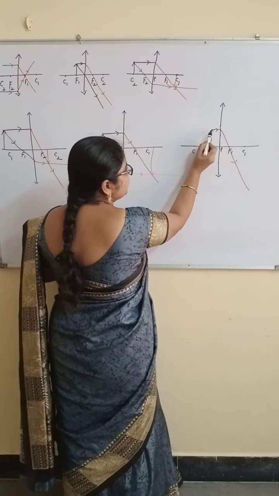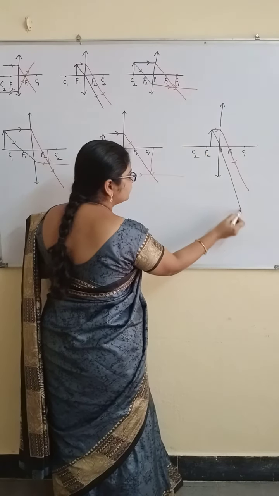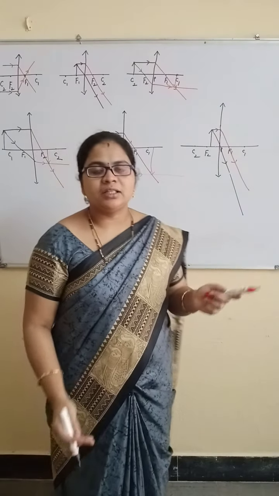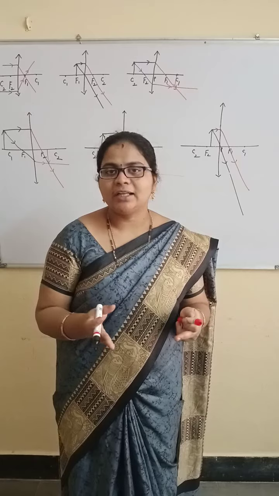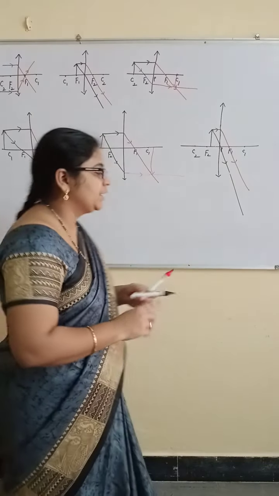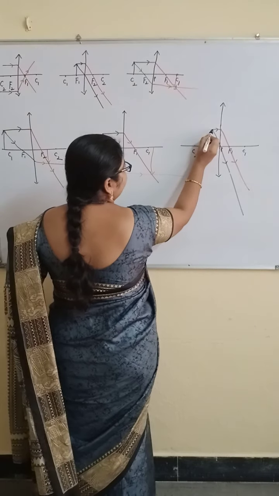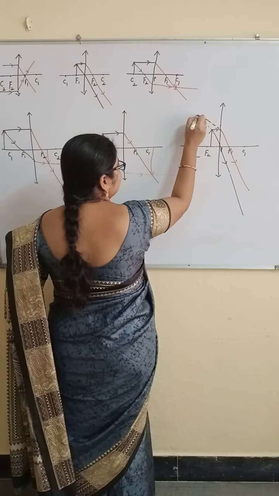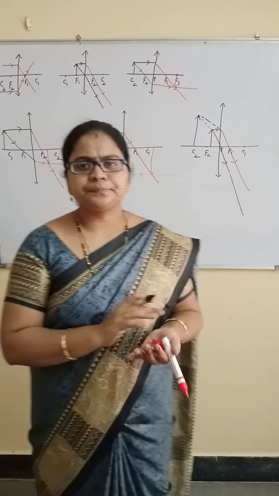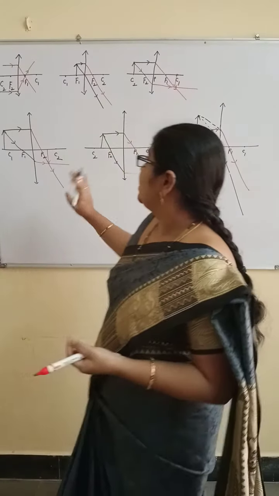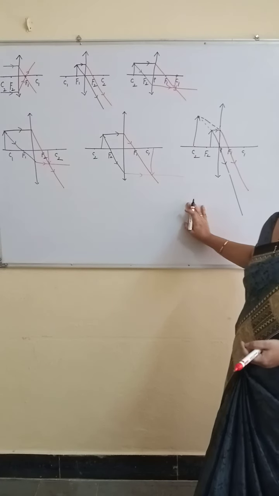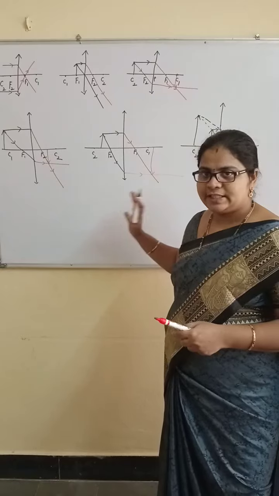The light ray which is passing through the pole does not deviate. Here when you see, they are not parallel, they are moving away from each other, they are diverging light rays. So for the diverging light rays, we should extend backward. When we extend backward, behind the lens you will get the image. Now these all are the ray diagrams for convex lens.